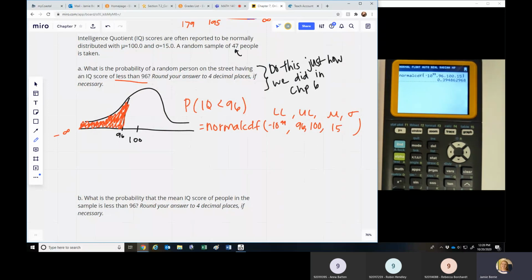And then hit enter. And there we go. And that number looks totally reasonable, right? For the amount of the graph we have shaded in. So that's about 39.48% or so. Rounded to 4 decimal places, that would be .3949.